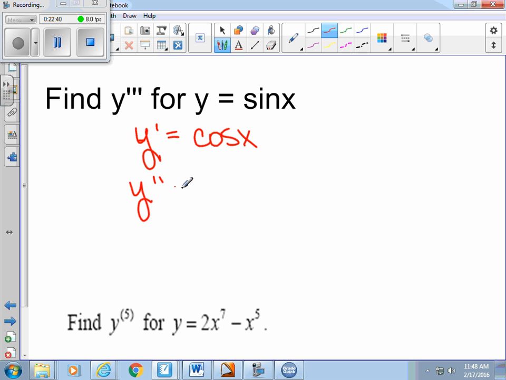And then what's the derivative of cosine? I know that because I have it memorized. And the negative is negative sine. The negative's just going to stay sitting out in front, right? And the derivative of sine is cosine. Is it going to ask us about it? Maybe, but not today.